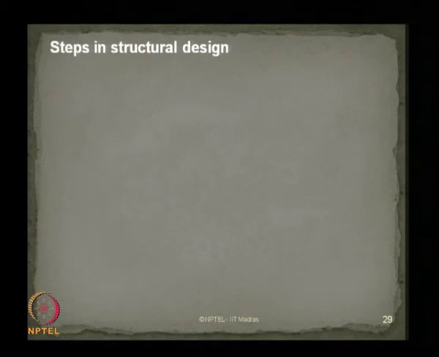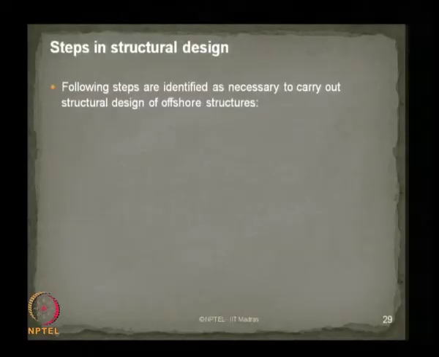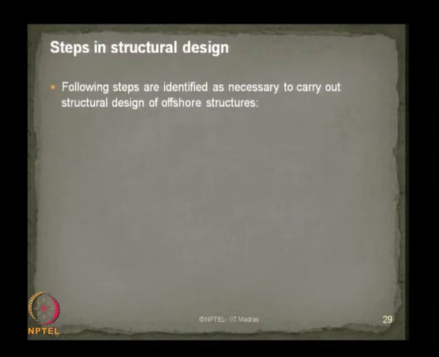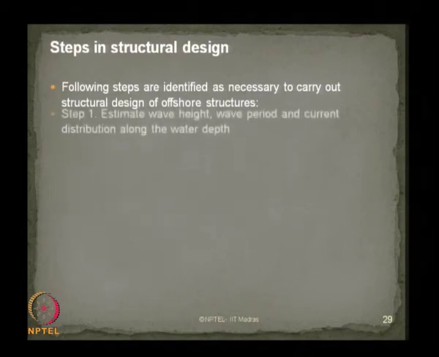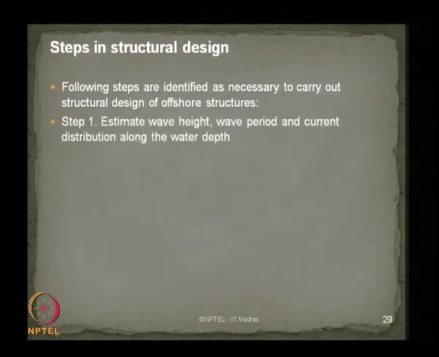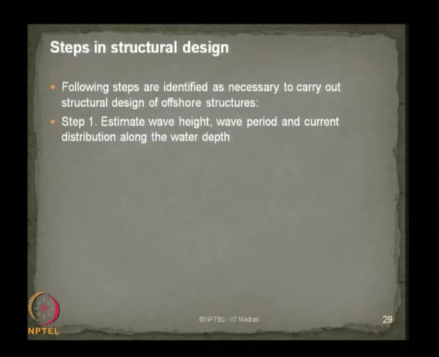Now, let us quickly summarize the steps involved in the structural design of offshore structures. The following steps are necessary to carry out structural design of offshore structures. In step number 1, you estimate the wave height, wave period, and current distribution along the water depth.